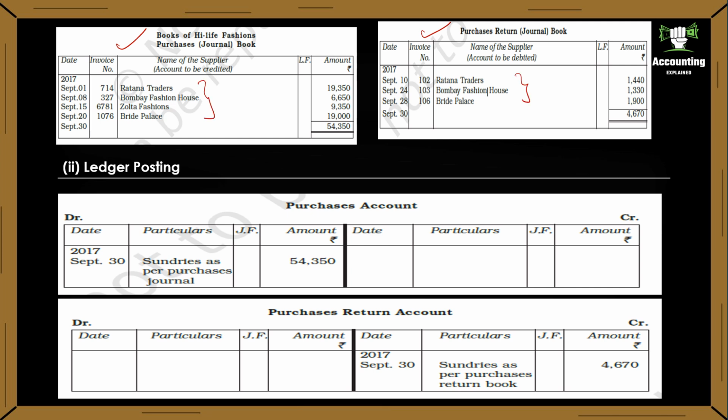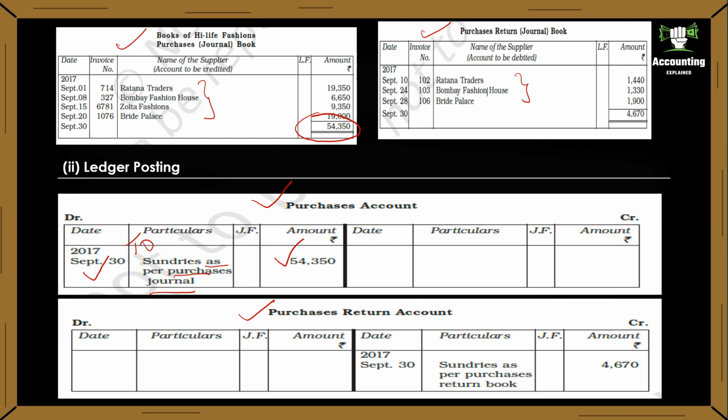Now what is pending is we have to open the purchases account and the purchases return account. In the purchases account, the total amount of 54,350 will be transferred to the debit side of the purchases account. On September 30, 2017, it will be written as to sundries as per purchases journal, and the total amount is 54,350.